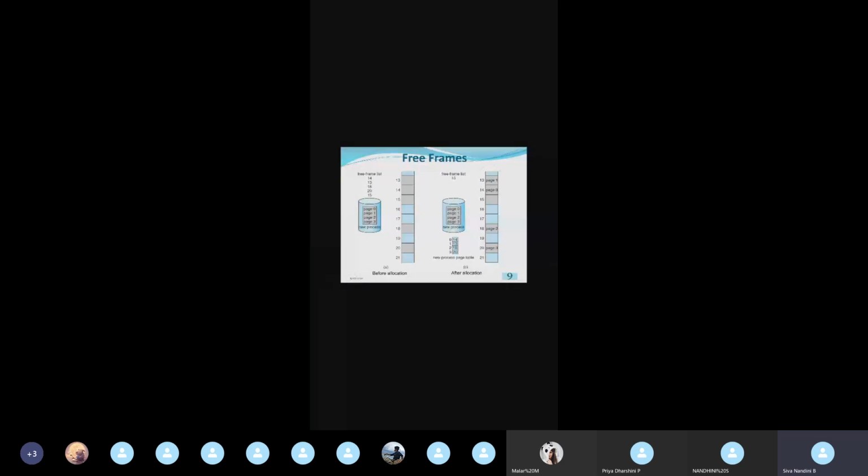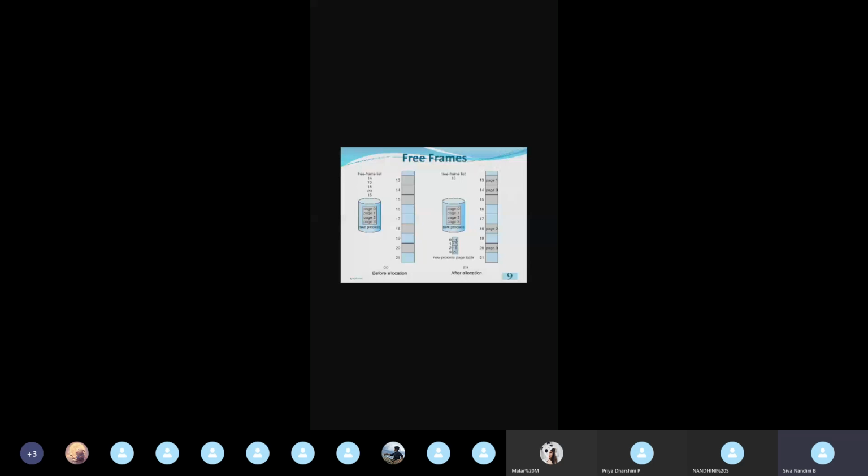So page 0 is allocated to the first free frame, 14. After allocation, in frame number 14 we have page 0. And the next page, page 1, will be allocated to the next element in the free frame list, that is frame number 13. Next, page 2 is allocated to frame number 18.